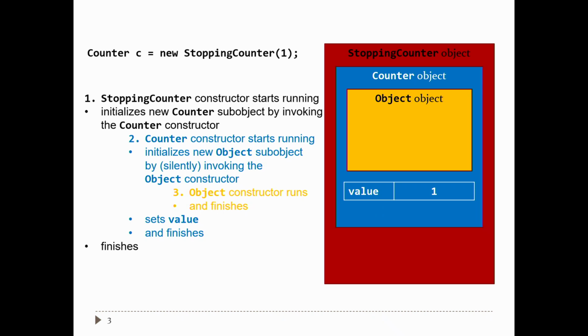There might be a second field that relies on that value. If you don't initialize this value first, stopping counter can't correctly initialize its second field. And so the objects have to be built from the inside out. So that's why the rules are set up the way they are.